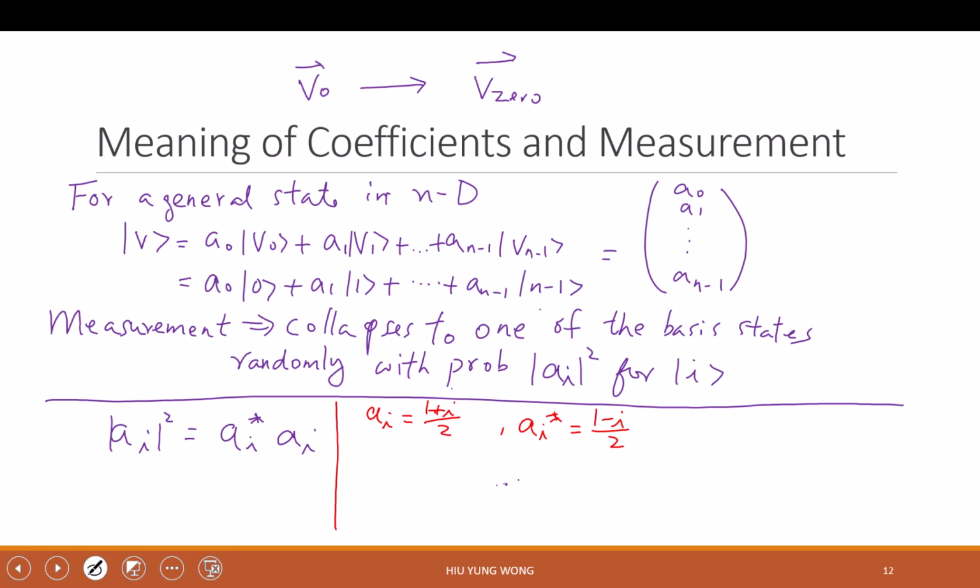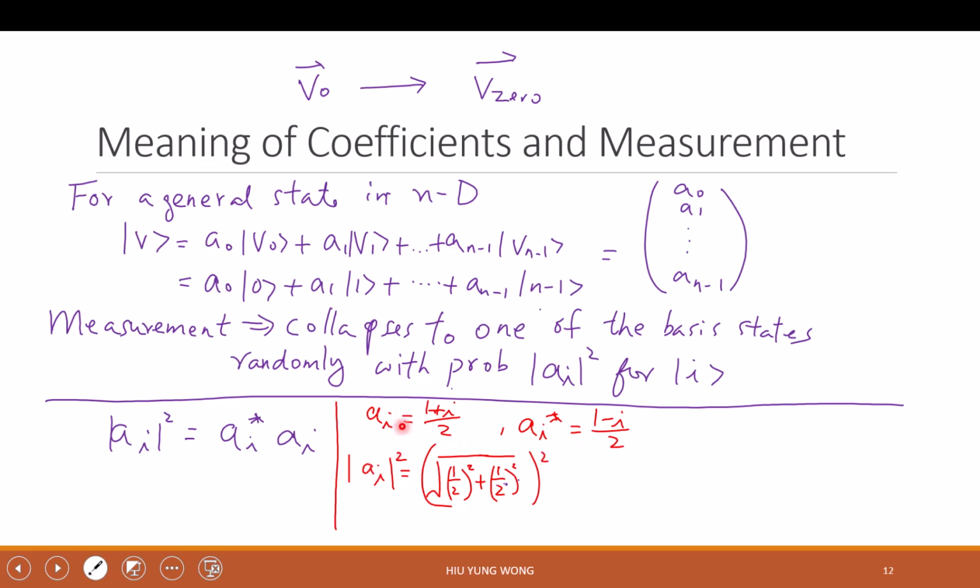If you just calculate it based on what you learned in complex numbers, the length, or the modulus of the complex number, is the square root of 1 over 2 squared plus 1 over 2 squared, the whole thing squared. So the square is here, right?